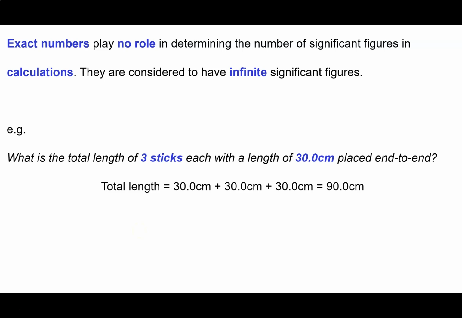What about exact numbers? Those numbers that are either unit definitions or the whole number of macroscopic objects. They play no role in determining the number of significant figures. You can consider them to have infinite significant figures, right? So if you have something like, what is the total length of 3 sticks? Each stick has a length of 30 centimeters. We're not going to round this off to 1 sig fig.